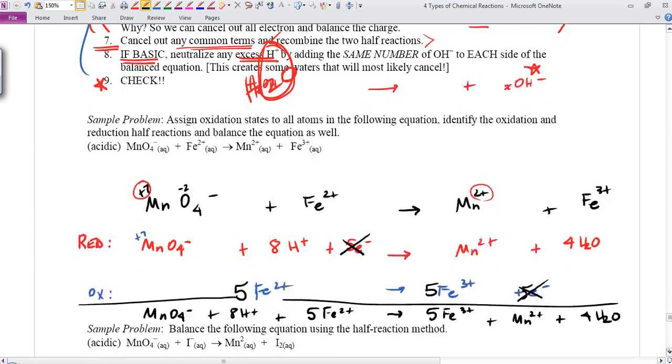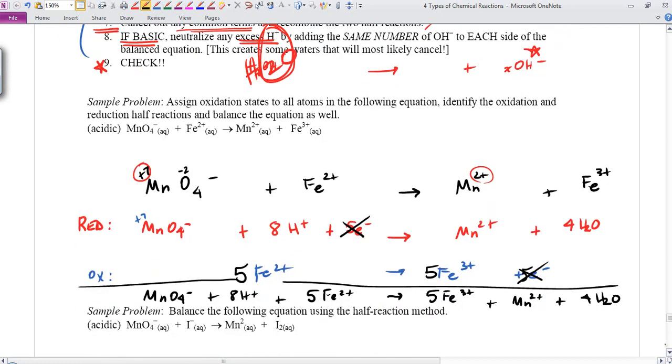So I can look at that real quick and tell you I'm balanced by element, but the fast way to figure out if you're balanced overall is to add up the total charge on the left. A -1 and +8 reduces that down to +7, and then I have 5 times 2, which is another 10.